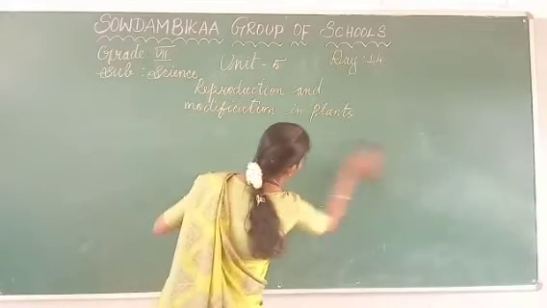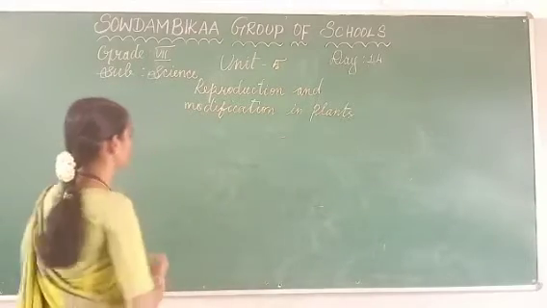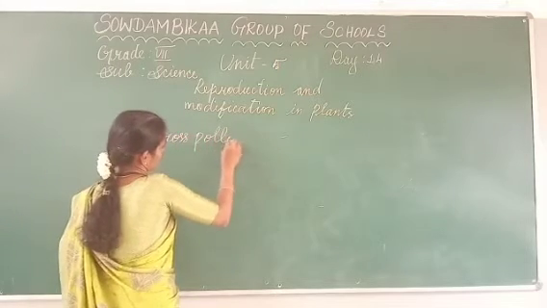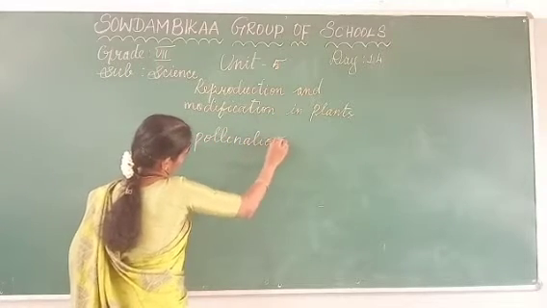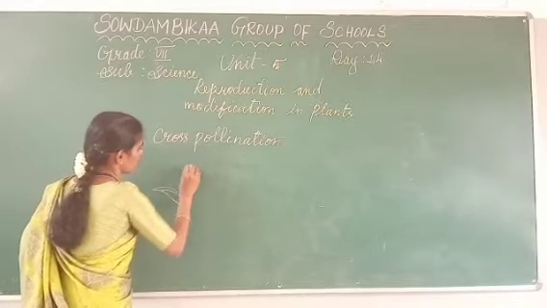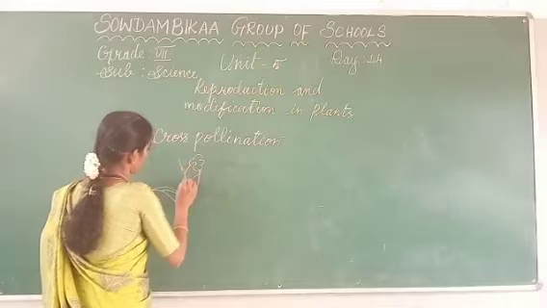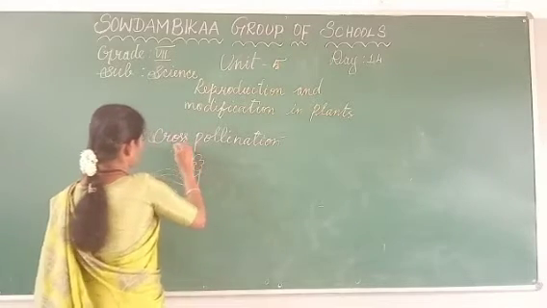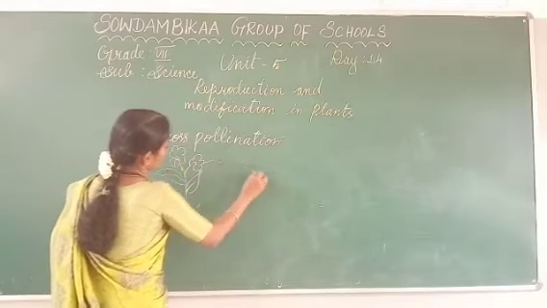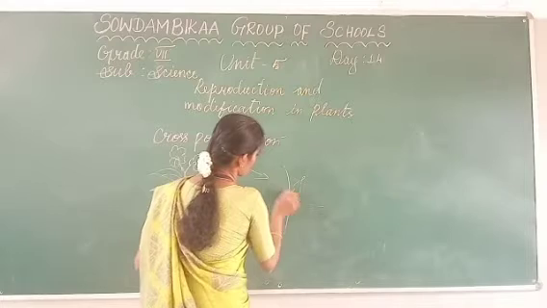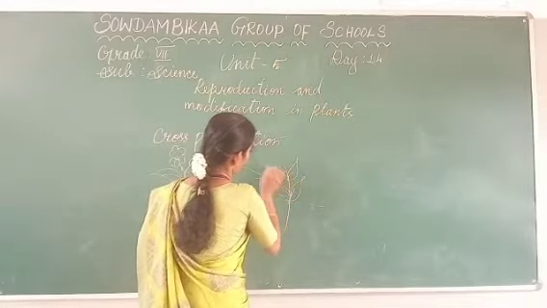Here, that is cross pollination. That is one plant, of the same kind. Here the pollen grains are transferred to another plant, of the same kind only.